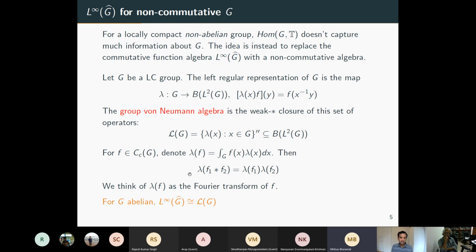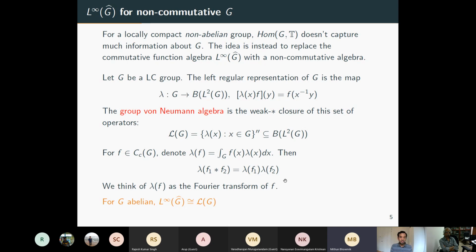This should remind you of what goes on with the Fourier transform and convolutions, which relate to multiplications in exactly this way. And by this analogy, we think of lambda f as in fact being the Fourier transform of f.